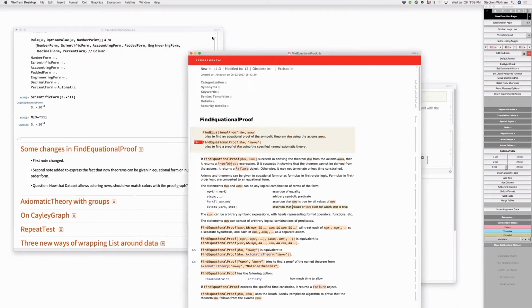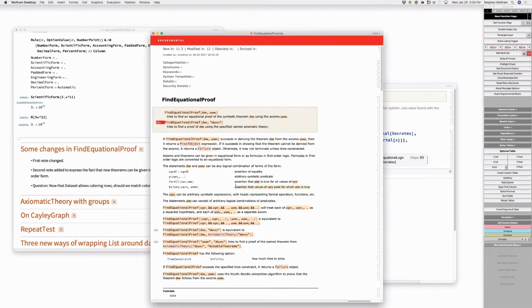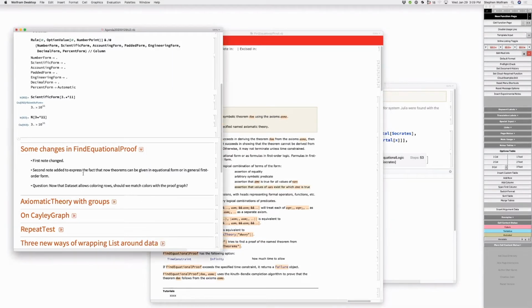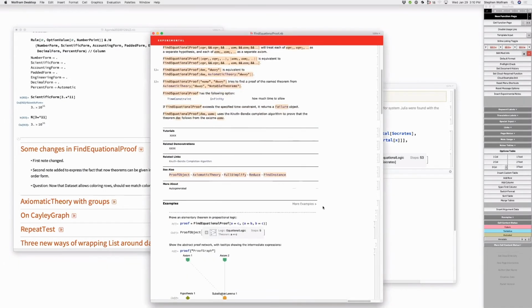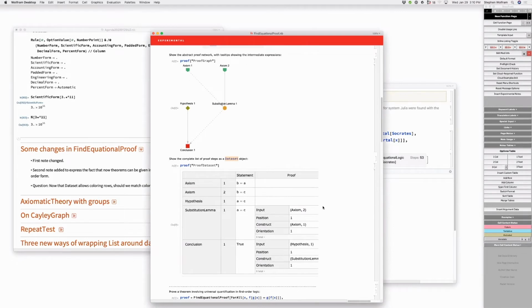One small question is, Jonathan was saying that now that dataset can support colors in individual rows, etc., whether it's worth matching the colors of the proof graph. Oh, interesting idea. Ask design. Okay. That's a very big proof graph. Let's just make it a little bit smaller.